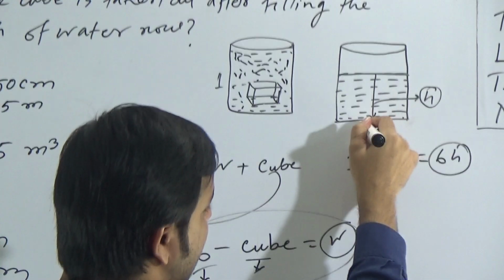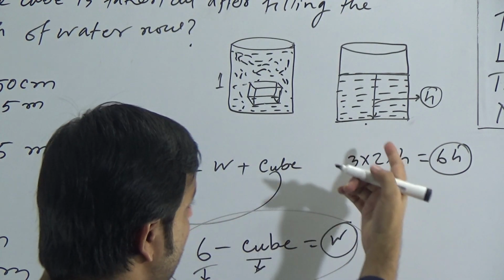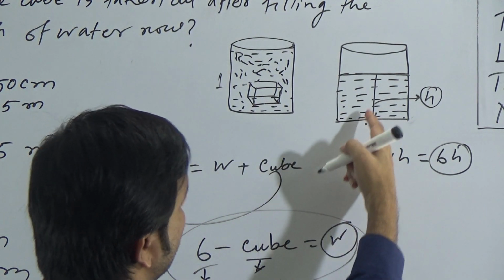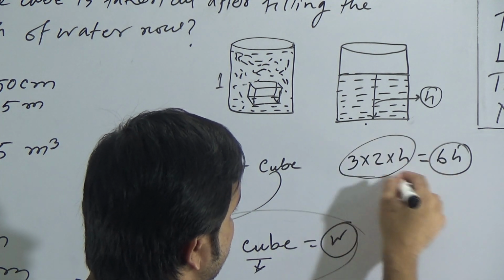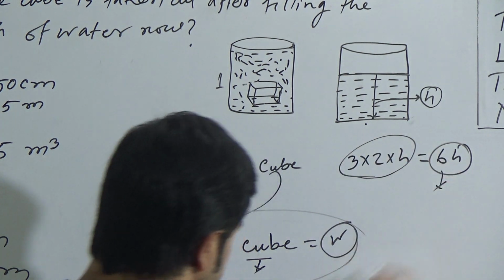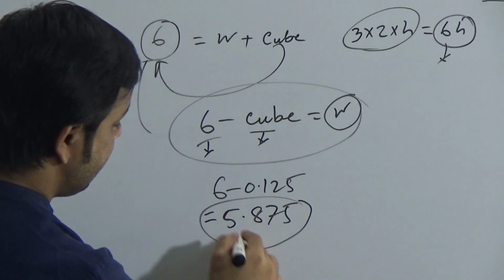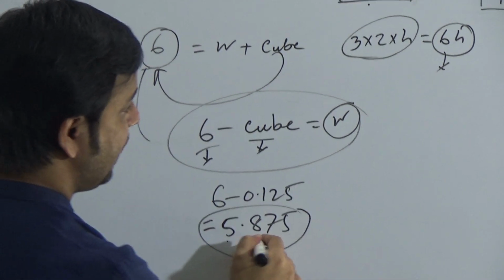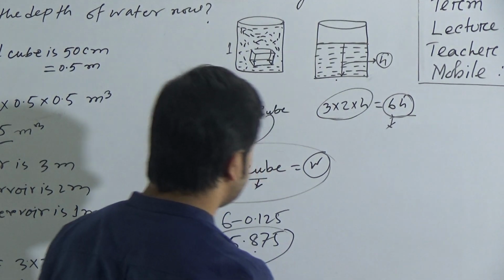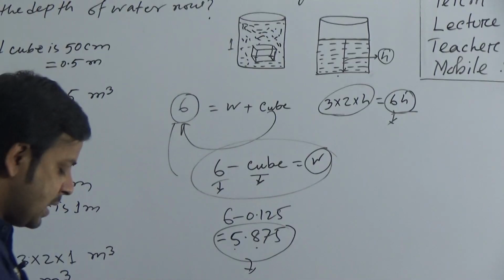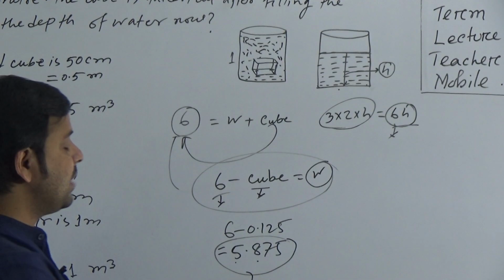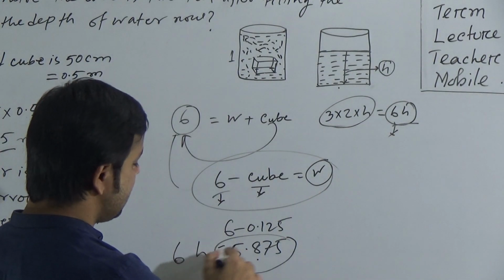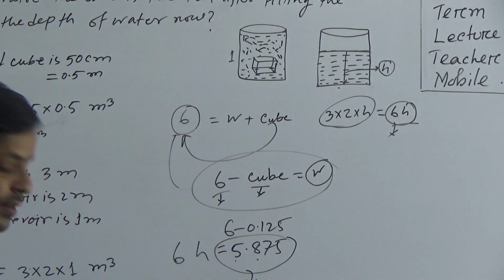But from this figure, when we remove the cube, we will get the volume of only water, that is 6h. It means that the volume of water is 5.875 and the volume of water is 6h. According to our question, we can write 6h equal to 5.875.